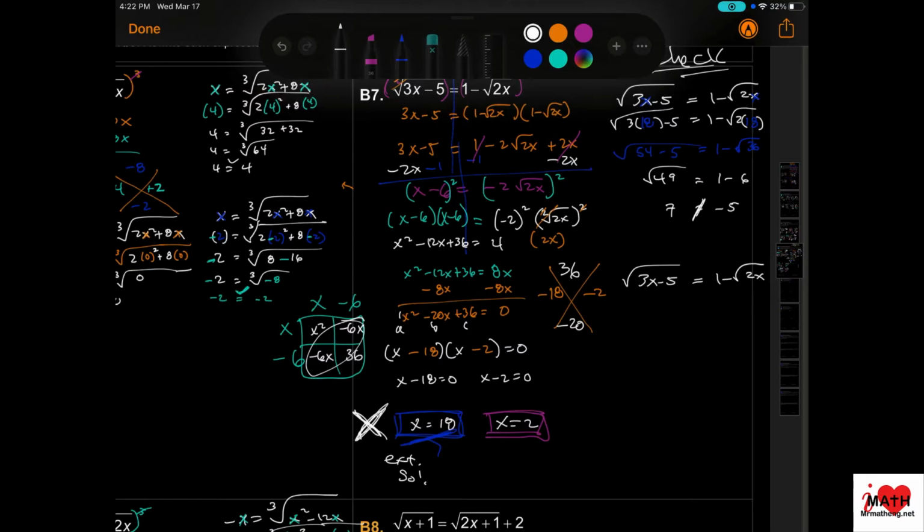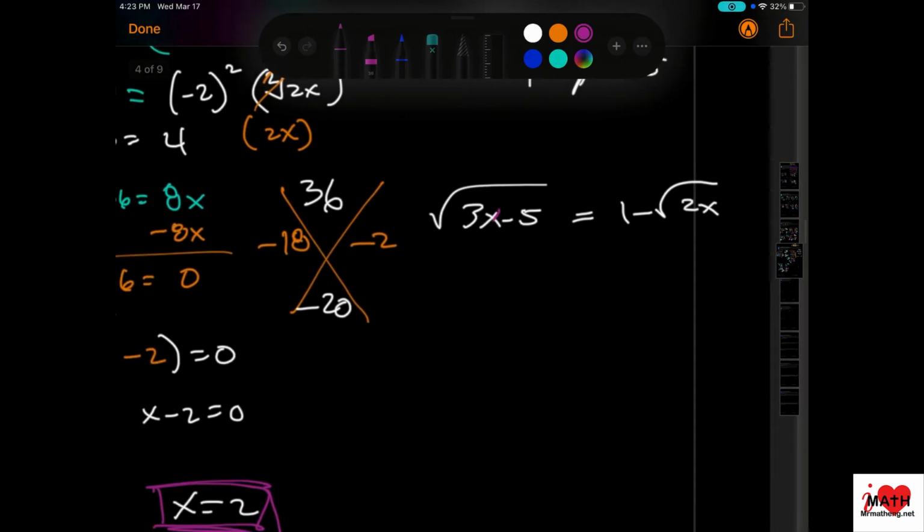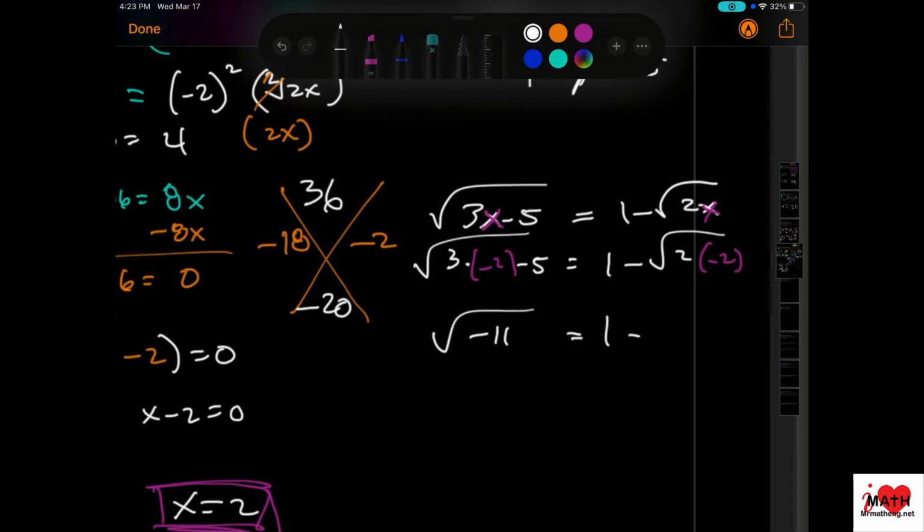Okay, let's go ahead and test 2 now. Stop, I did it again. It was x equals a positive 2.